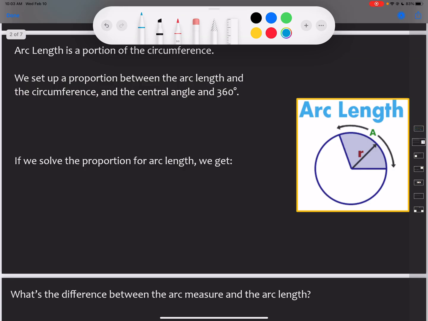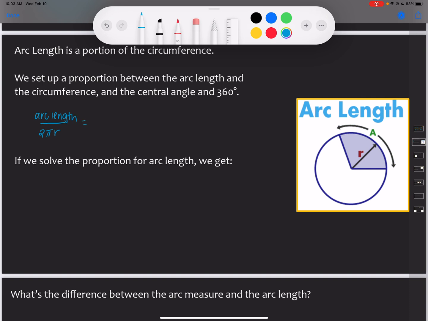All right, so arc length is the portion of the circumference. We set up proportions between the arc length and the circumference and the central angle. So the total circumference is 2 pi r, and arc length is some proportion of that total circumference.